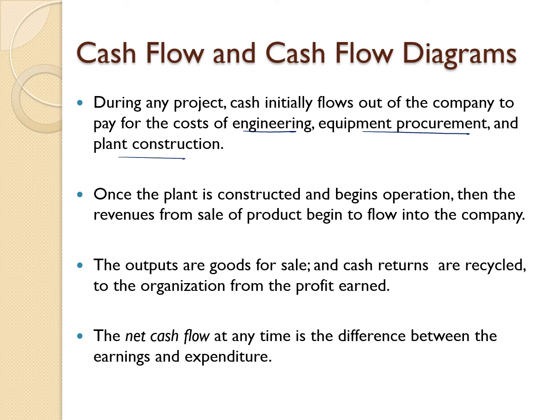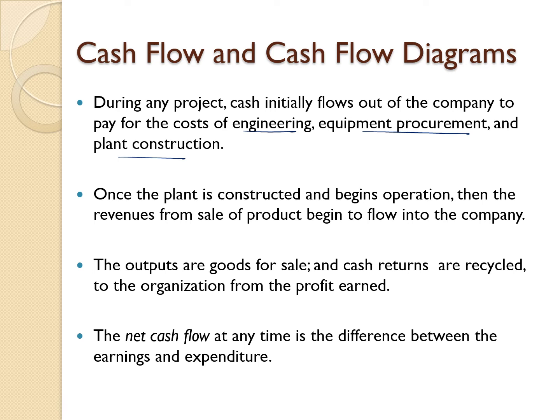Once the plant is constructed and begins operation, then the revenues from sale of product begin to flow into the company. At this time, the cash starts to credit inside your company. Just now we credited out all the cash because we wanted to pay for the engineering, equipment, and plant construction.